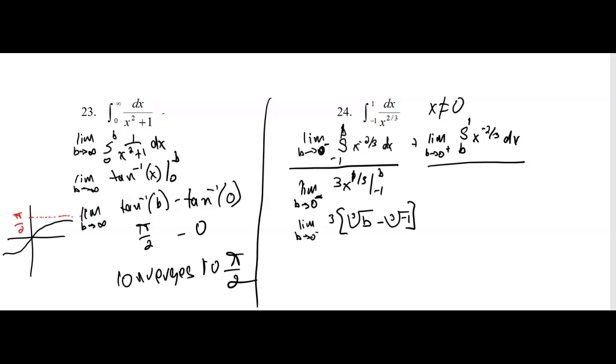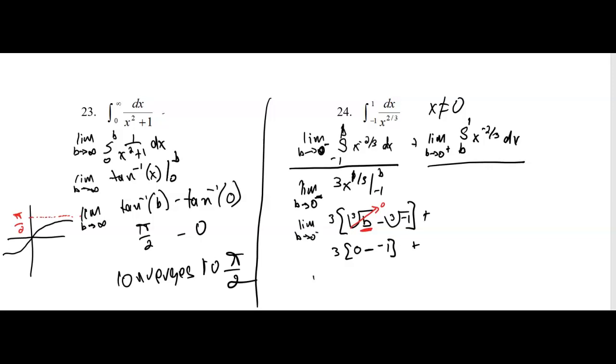Well, as b gets smaller and smaller, we basically get a 0 inside of that radical. The cube root of 0 is going to be 0. So overall, this converges to 0. So we would have a 3 getting multiplied by what is becoming a 0 minus, and then the cube root of negative 1, which is negative 1.